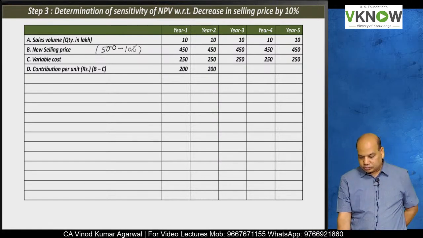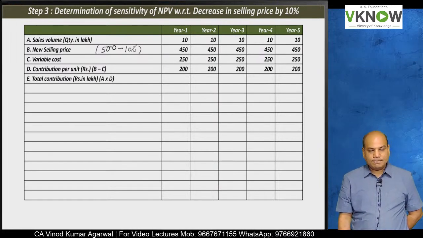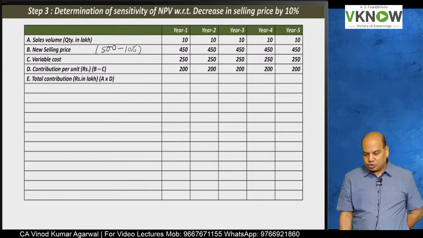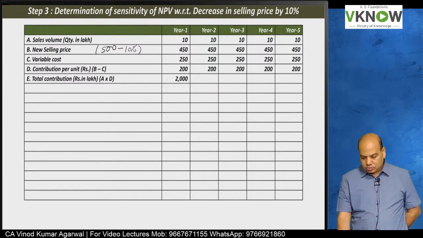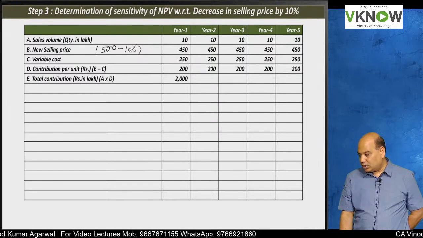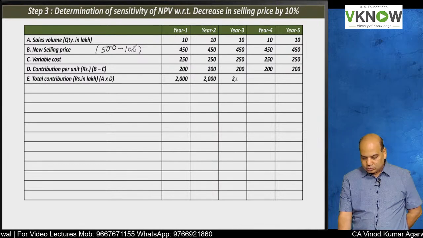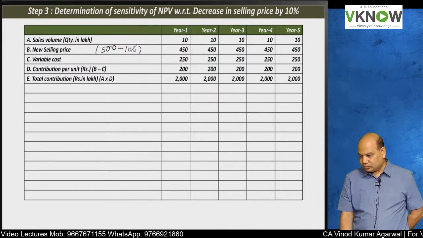Contribution 200. Total contribution, multiply A into D, 2000.